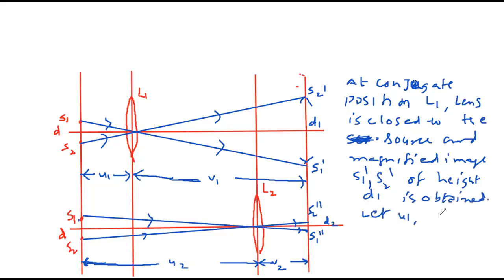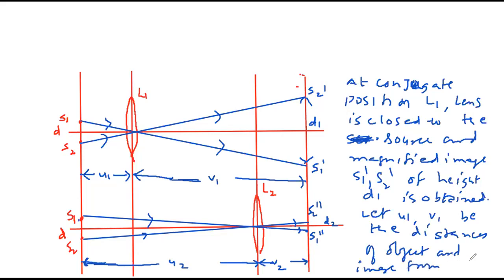Let U1, V1 be the distances of object and image from the lens respectively.